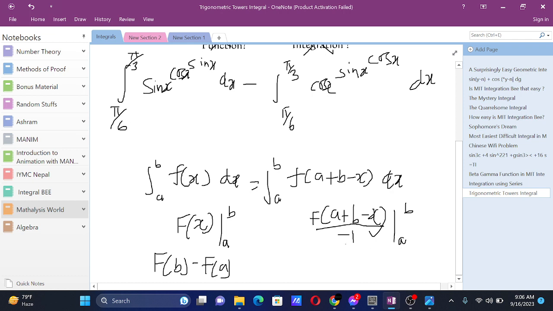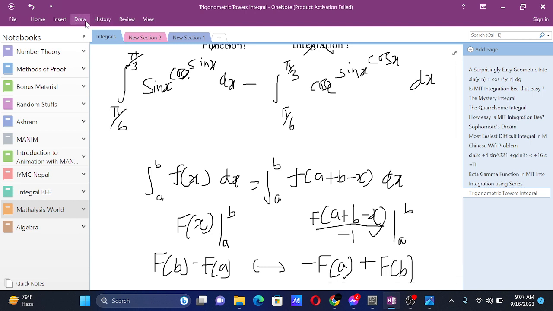Now if we evaluate this, when we put b, b cancels out and we have minus F of a, and when we put a, a cancels out and we have b, but negative and negative is positive, so this is positive F of b. So we have the same thing in both cases. That's why they are equal.